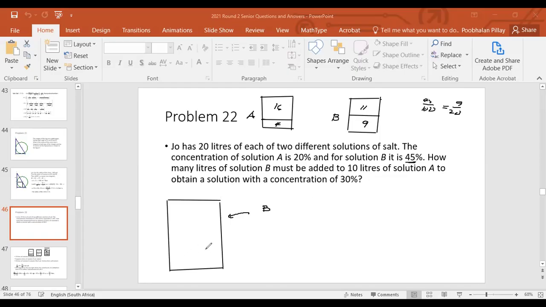You've got solution A sitting inside here, but you only have 10 liters. So it's just half the amount.